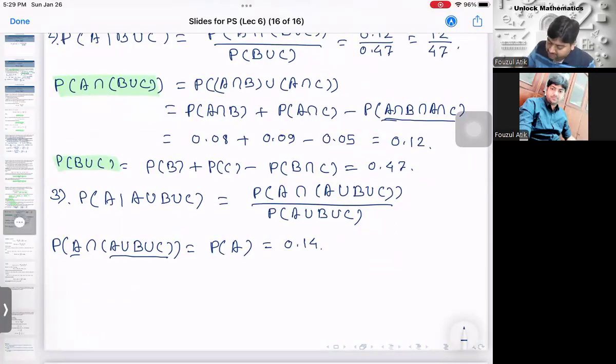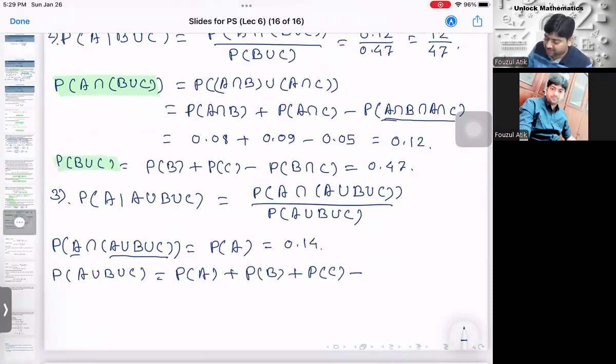Now the probability of A union B union C. Again, we know the formula, the principle of inclusion exclusion. So take all of them individually: P of A plus P of B plus P of C. We have already discussed this in some of our lectures. Minus, we have to take two at a time, and alternately plus or minus. So it is P of A intersection B minus P of A intersection C minus P of B intersection C. Then alternately plus or minus, so this time it will be plus.